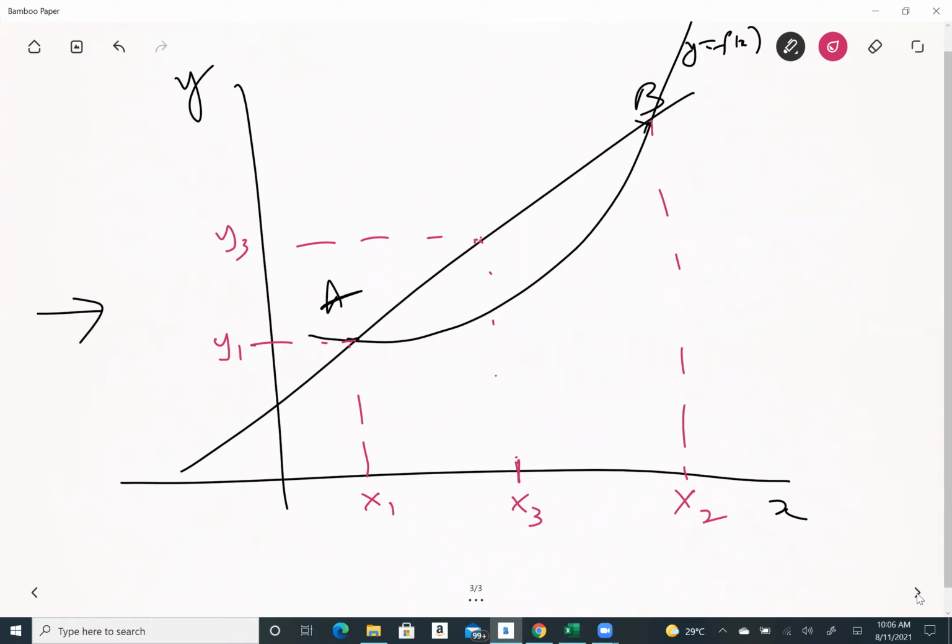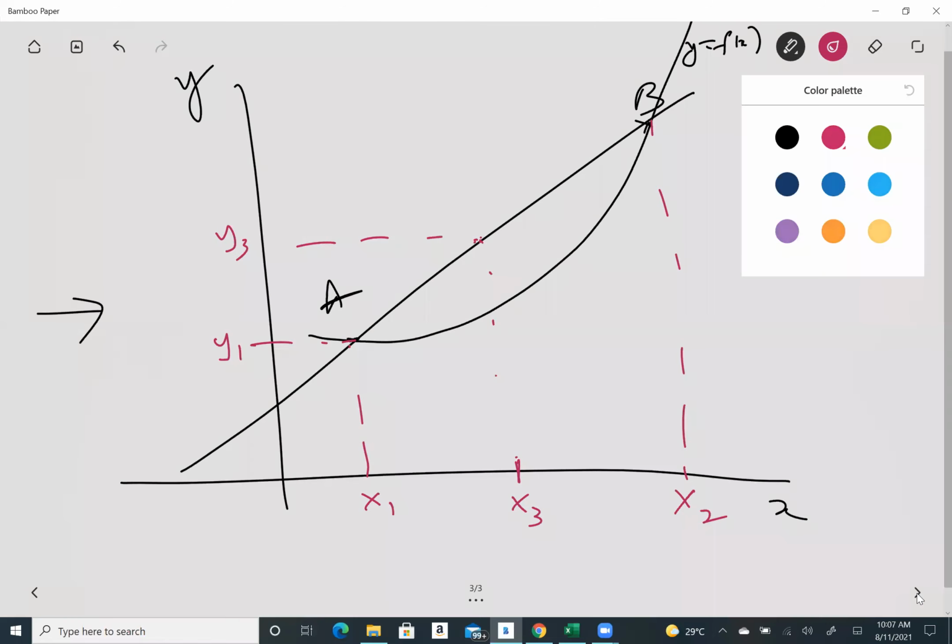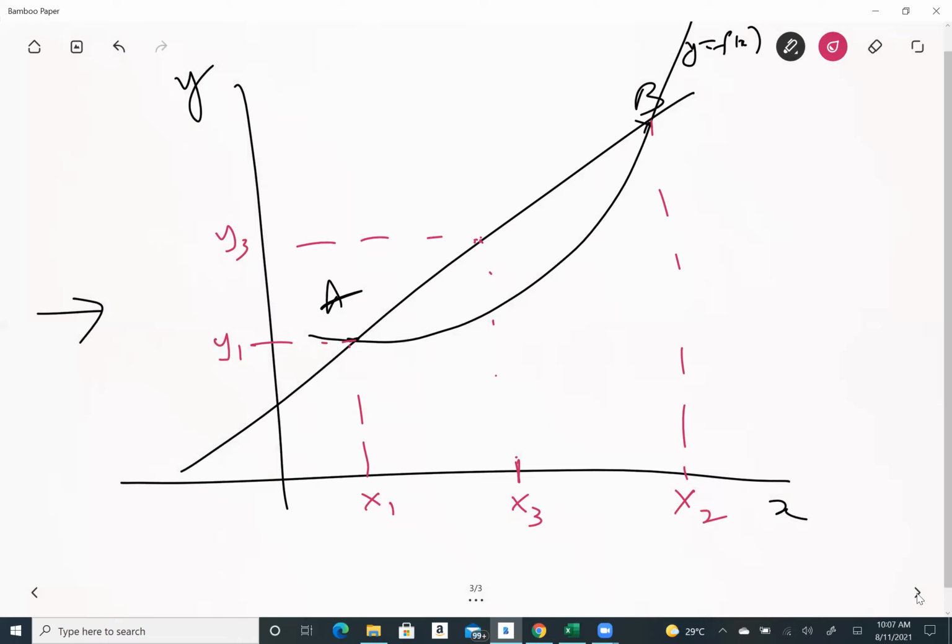Okay, y3 shouldn't be there. Y3 should be here, because the B here is that B on the curve. So I have y3 there.